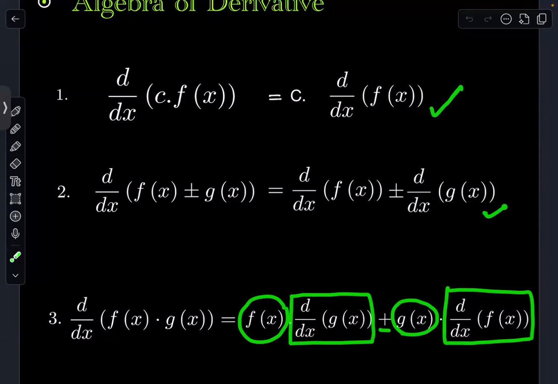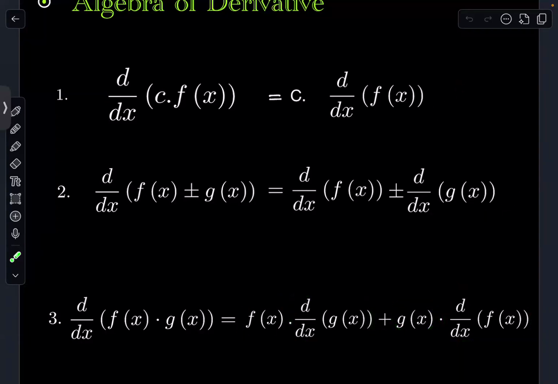So the first two algebras are quite trivial: the commutativity with constant multiplication and the distributive nature about addition or subtraction. But product onward, we need to treat it a bit differently. So I'm repeating again, the product of two functions when differentiated, the result of the derivative will be the first function unchanged multiplied with the derivative of the second, plus the second function unchanged multiplied with the derivative of the first.